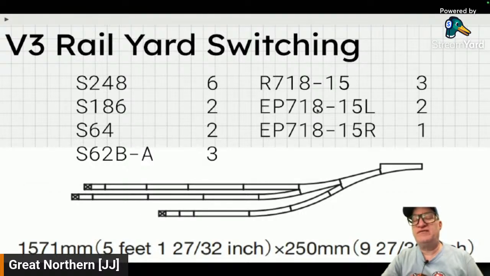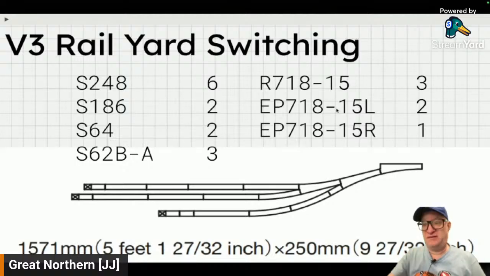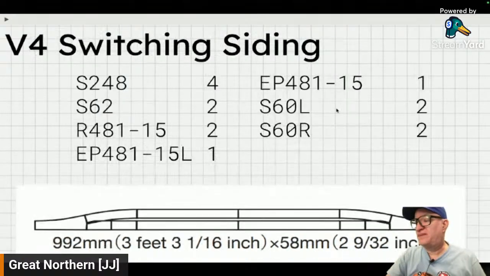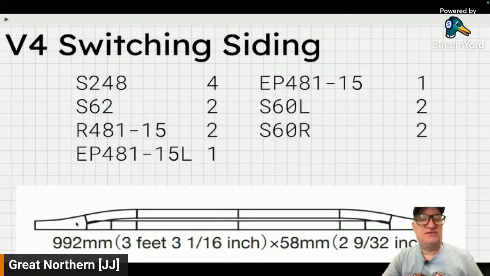So the diverging route is based off of 718 millimeter radius curve. And so you can drop in, in fact, they have, here's the radius 718, and it's a 15-degree. That's a turnout there. So these are based on a 481 millimeter radius, also 15 degrees. So that's that diverging route. So it's a little bit tighter of a circle.